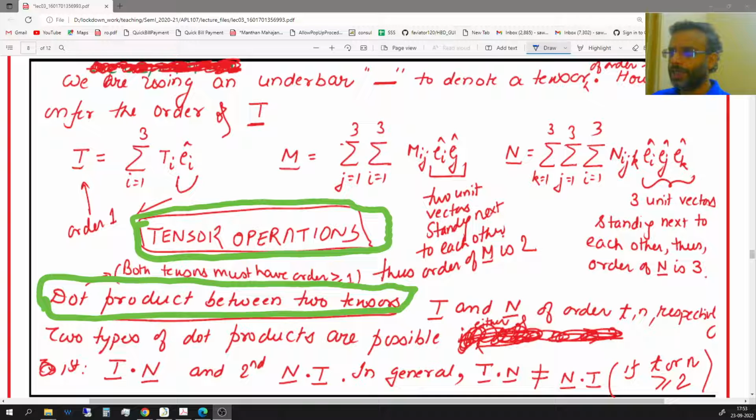Actually, there are two types of dot products that one can define if we are dealing with tensors of order more than or equal to 2.